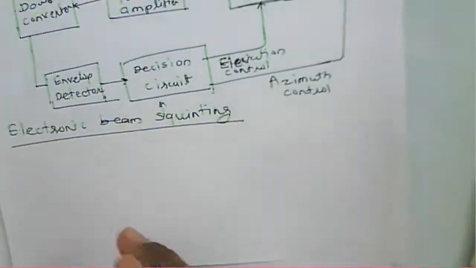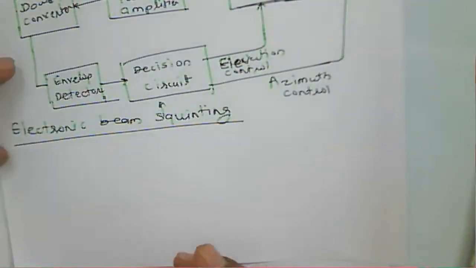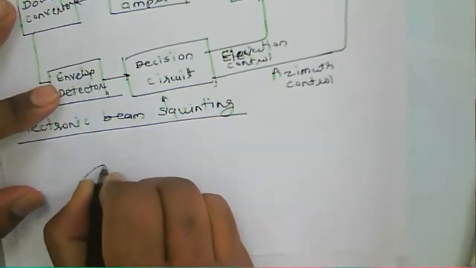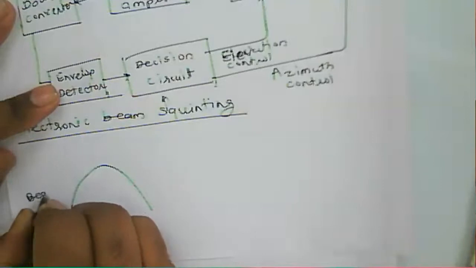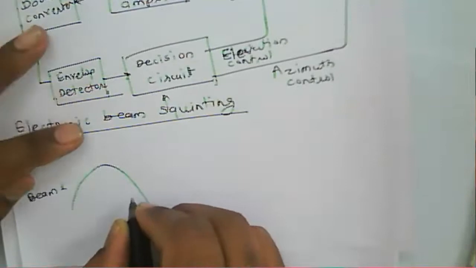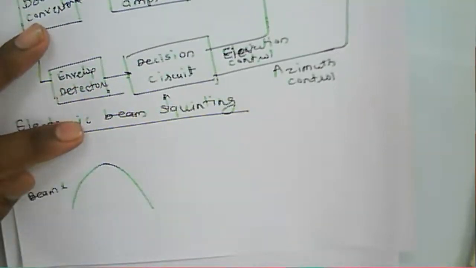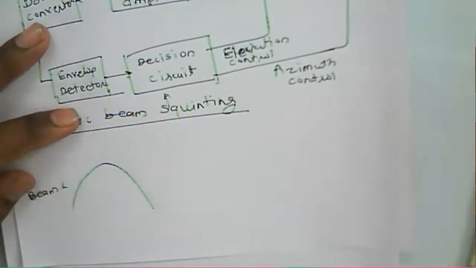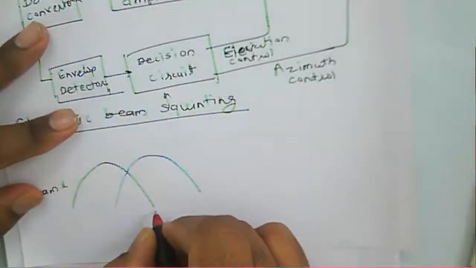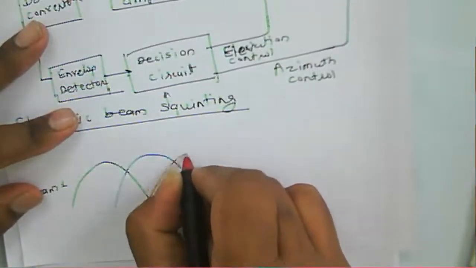So it is just like a method of generating the two different beams. Generally we say that we have the antenna, and this is nothing but a beam here, beam 1, and then suppose there's another beam here, another beam.